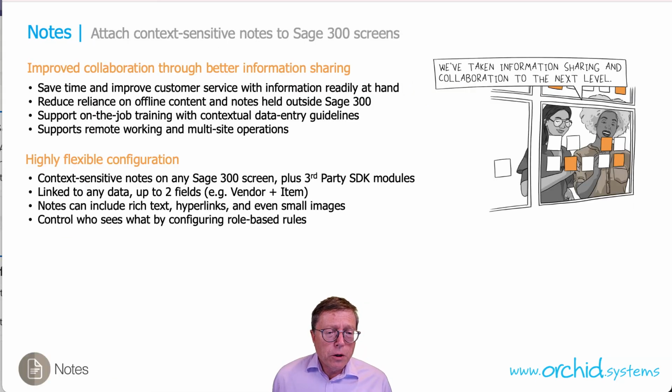The Notes module lets you attach context-sensitive notes to Sage 300 screens. This results in improved collaboration through better information sharing. You can save time and improve customer service because all this information is readily at hand.